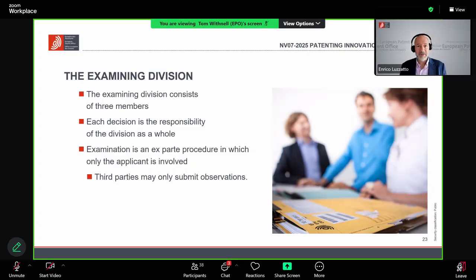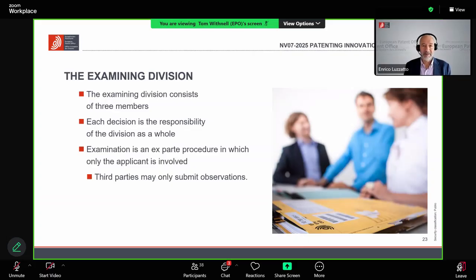As I said, one of the strengths of the EPO is the fact that 3 people decide about whether to grant a patent or not. So the examining division consists of 3 members. Its decision is made by the entire division, where each examiner has 1 vote.